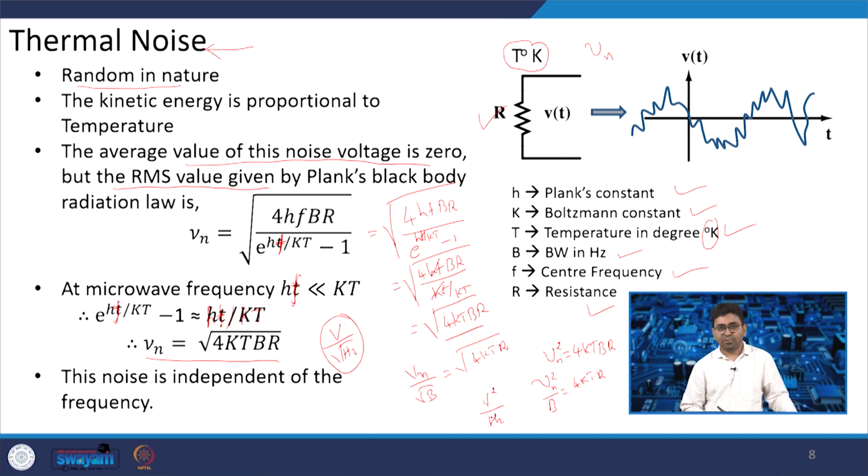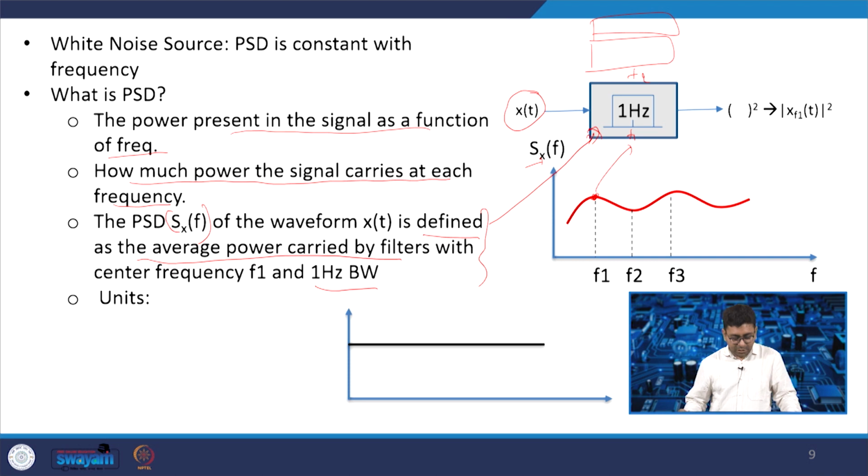It is also mentioned in terms of volt squared per hertz. If you try to plot white noise, white noise is independent of frequency or bandwidth. So if I divide by the bandwidth, for any resistance the white noise is 4kTR, and the unit is volt squared per hertz.